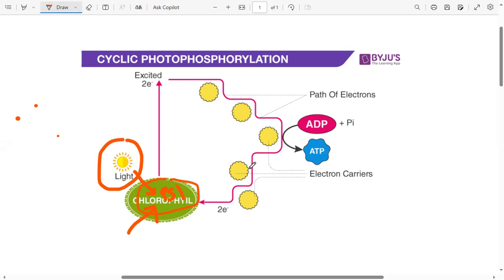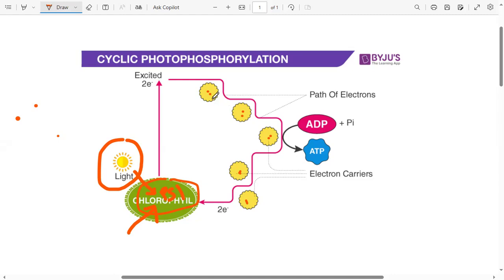The electrons will be carried in these electron carriers and pass through that path, from one electron carrier to another, until they return to the what? The chlorophyll, or the PS1 system.